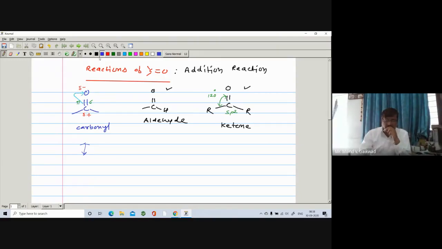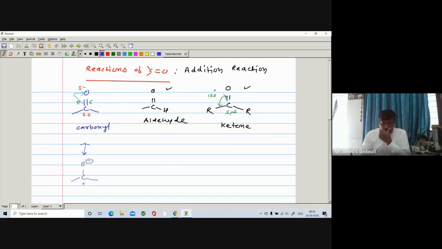Here you get carbon, here is O, and oxygen carries a negative charge and carbon carries a positive charge. This is the structure of this carbonyl compound.